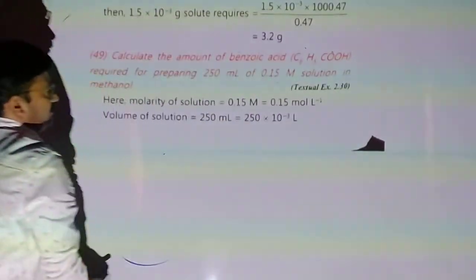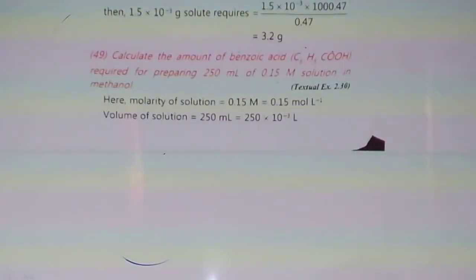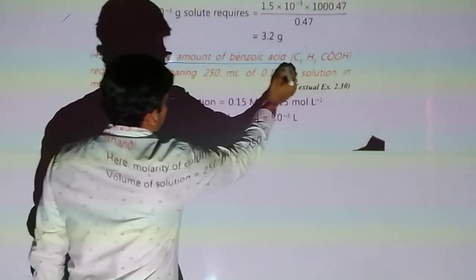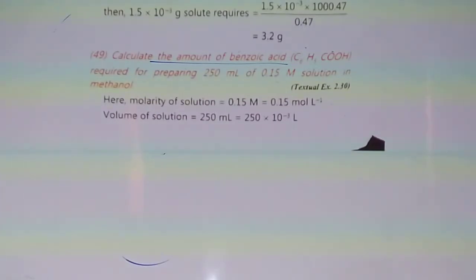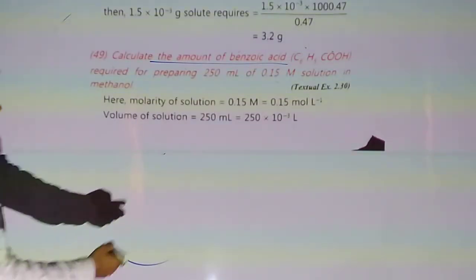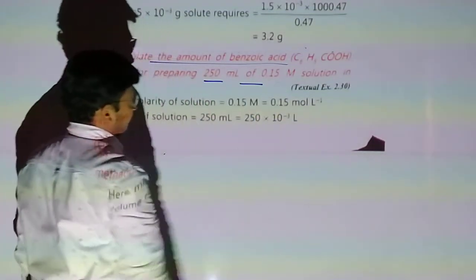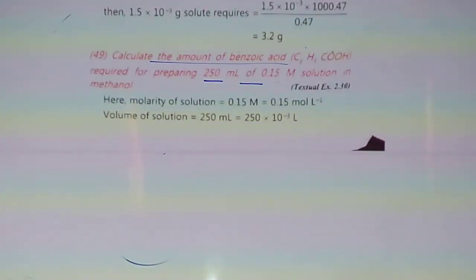Calculate the amount of benzoic acid required for preparing 250 ml of 0.15 molarity solution in methanol. We have to calculate the amount of benzoic acid required for preparing 250 ml of 0.15 molarity solution in methanol.